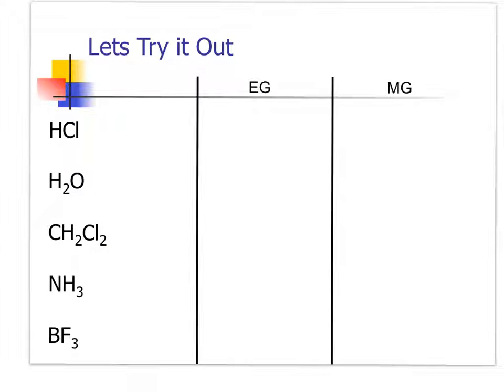So let's try a few out. We'll try the first one here, and we'll try to stick with using some of the similar colors that we have. We'll use green for our chlorine, and then we will go yellow for my hydrogen, because that's the one I have, and white doesn't show up very well.